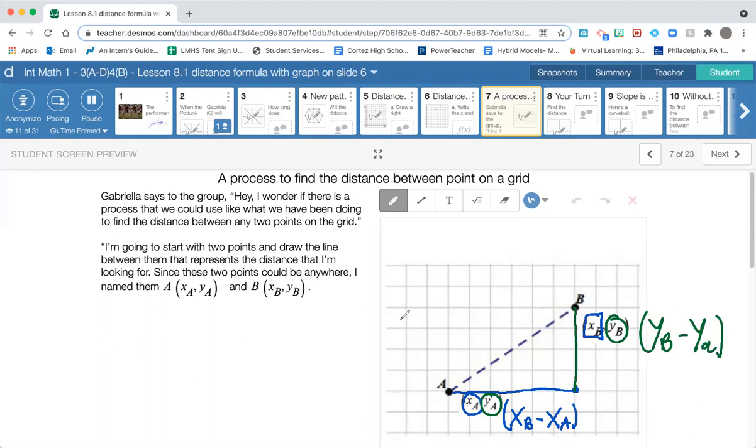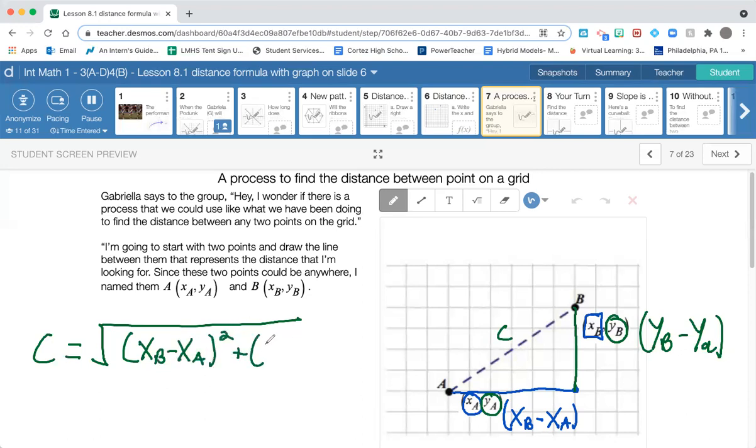So this is helpful now because we could use this instead of using the Pythagorean theorem. We know this is a leg. We know this is a leg. So we could really just take the square root of those two being squared, and that would actually give us our distance in one shot. Again, we take the differences of the X coordinates and the difference of the Y coordinates.